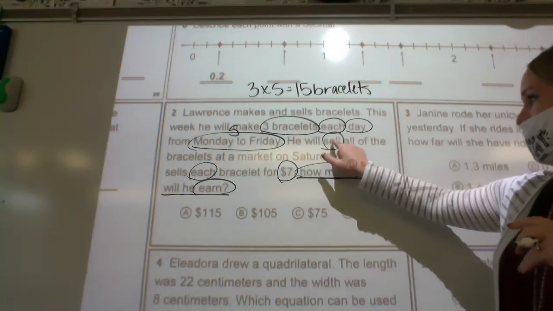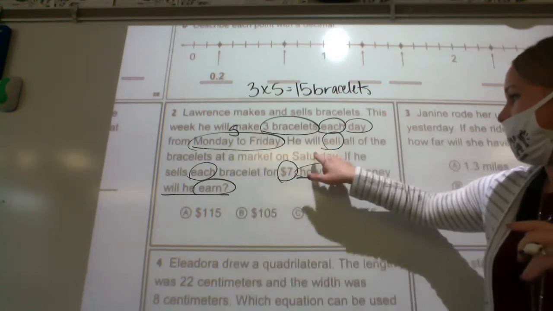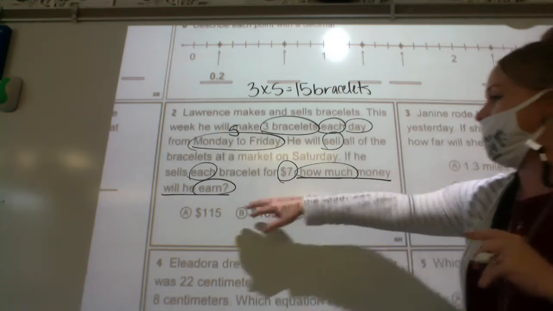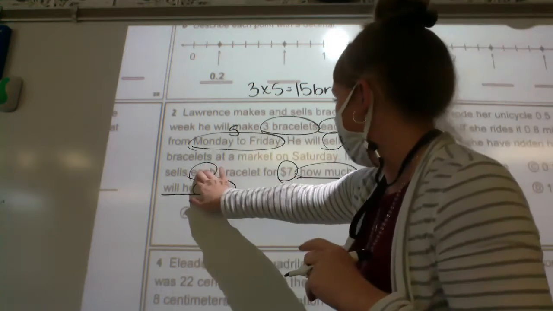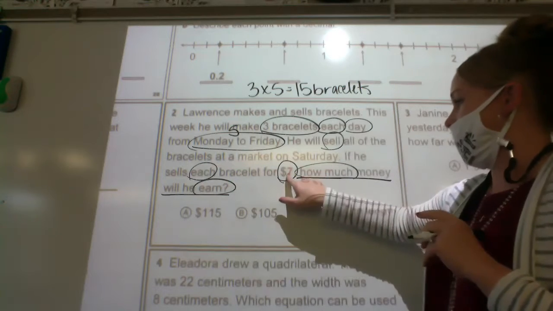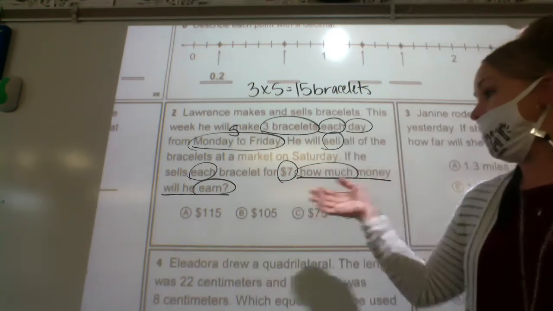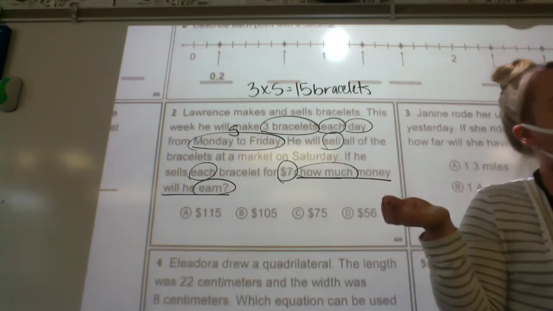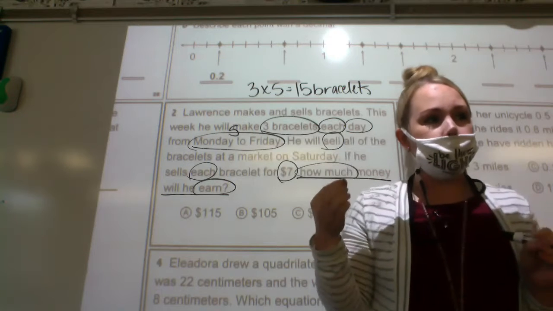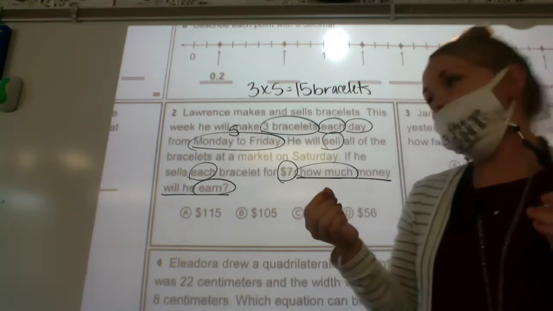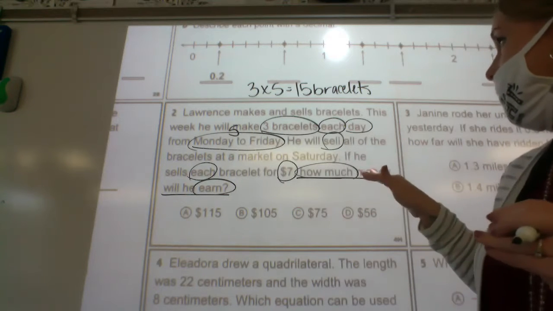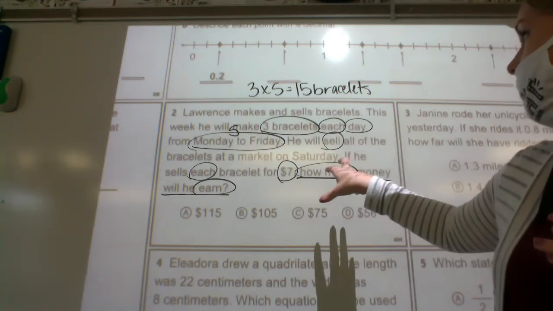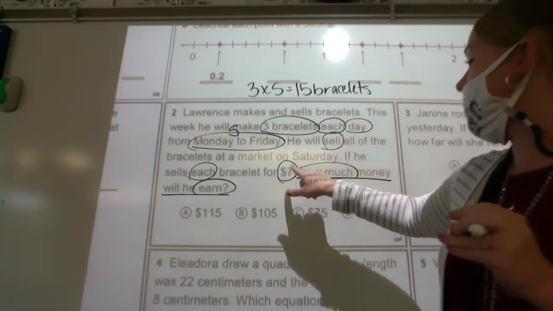Now he's going to sell them at a market on Saturday. He sells each bracelet for $7. I want to know how much money he's going to earn. How much is he going to make? So each means to do what? Multiply. Most of the time, sometimes it'll mean divide, but here it does mean to multiply. Each bracelet is $7.